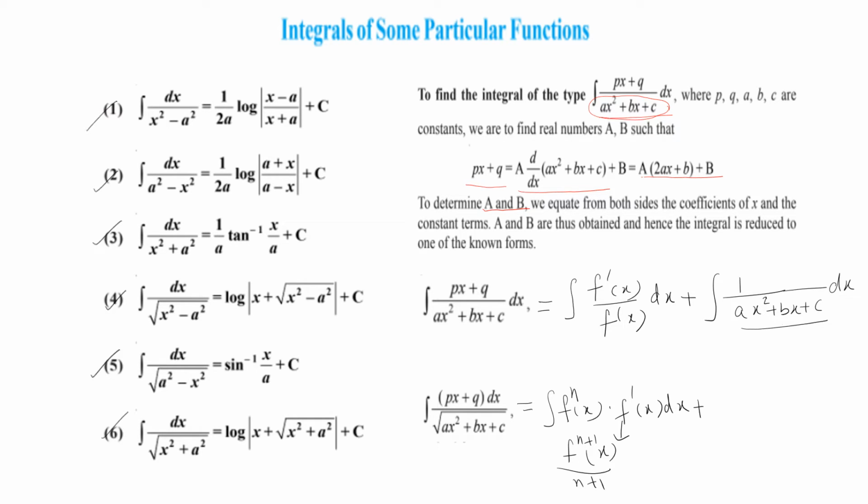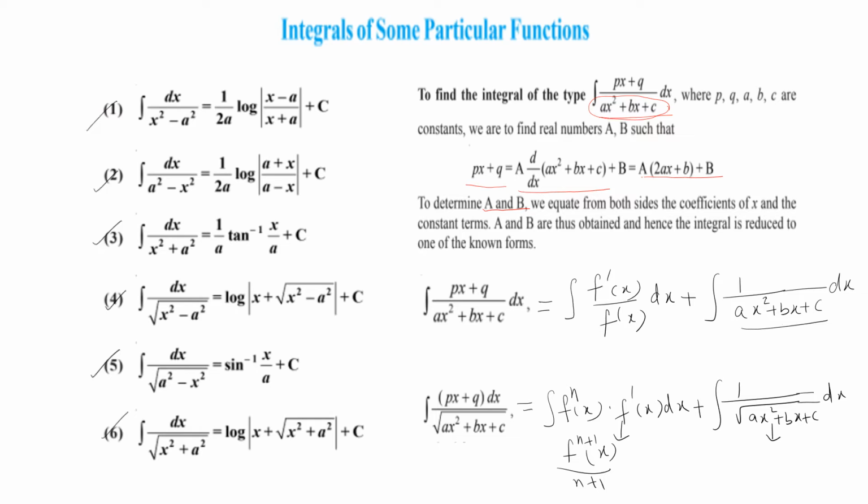And plus the second one will be your 1 upon under root quadratic, right? Which can be solved similarly by making the perfect square and then using the square root formula. Means definitely in this case, any of the square root formulas, number 4, number 5, number 6, is applicable to the solution of the second integral, and here number 1, 2, 3 are useful for solving it.